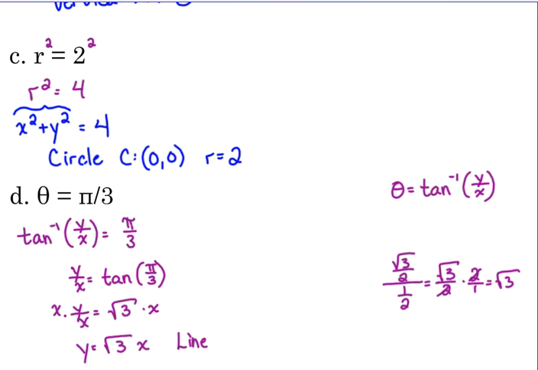That's a line with slope square root of 3. Kind of weird, but y-intercept 0, goes through the origin and has a slope of the square root of 3. So our equations of lines can look different in polar form.